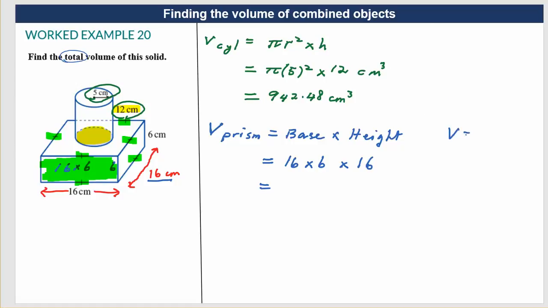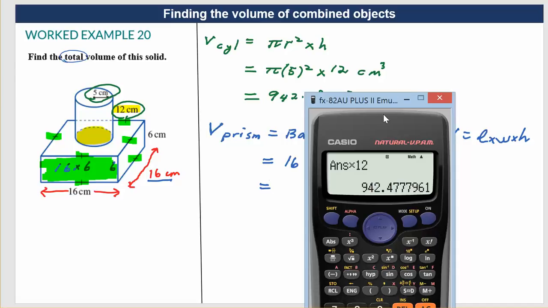A lot of other people have just seen this formula as length times the width times the height, just for a rectangular prism. So in the end, 16 times 16 times 6, go to our calculator.